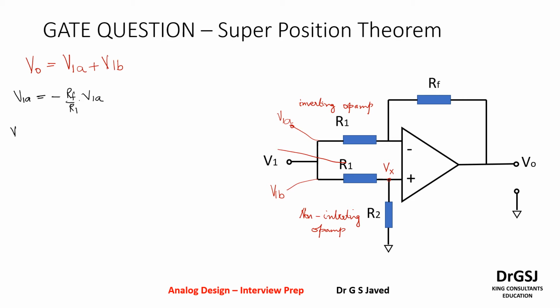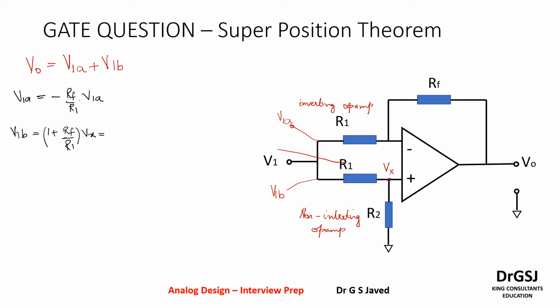Non-inverting configuration, V1B is given as 1 plus Rf by R1 times Vx.